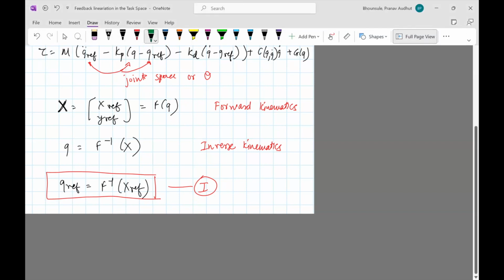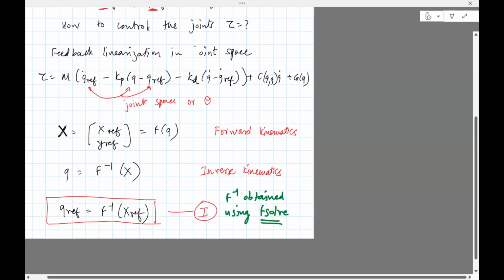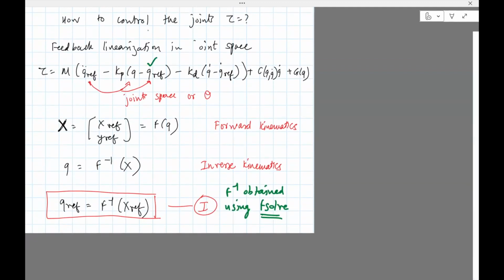Well, we've solved this using f obtained using f solve. So if you want to go back, this is what we did. It was homework 2 or something like that. Okay, so what we've achieved here is we figured out how to get q ref, right? You just invert f. F comes from forward kinematics.